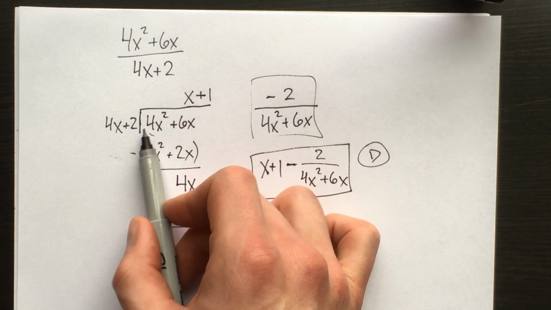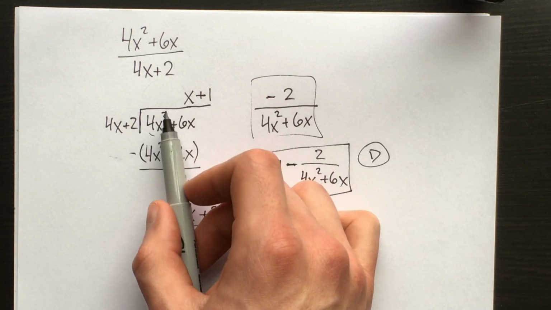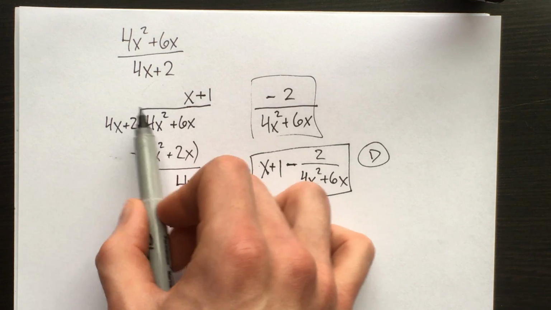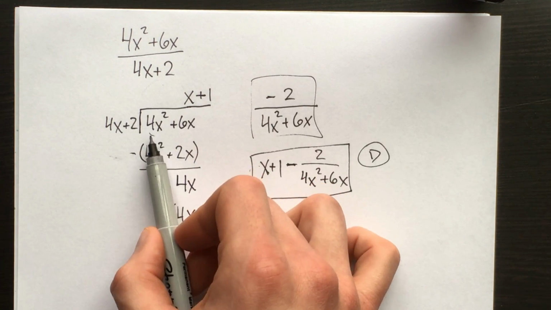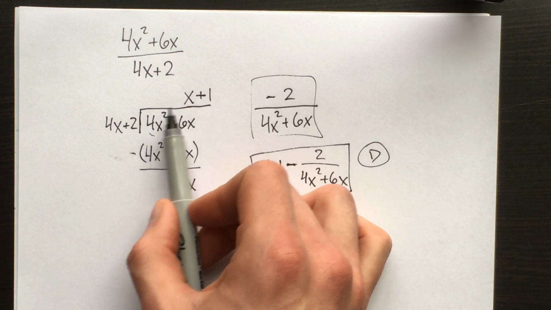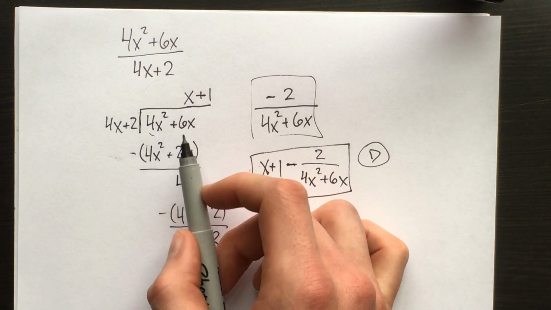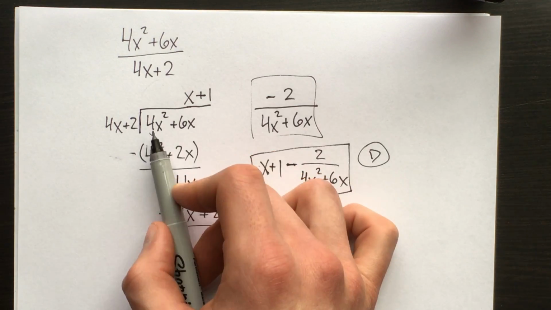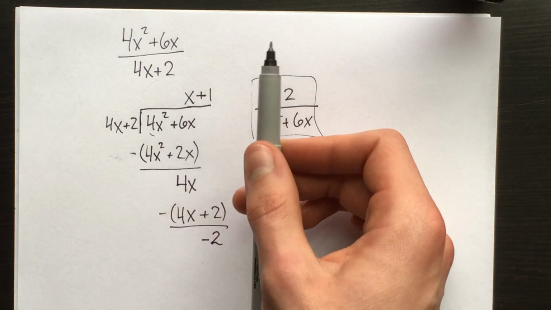So again, if there was some x cubed term, you would be looking at that. And so you take these two and you figure out how many times this one goes into this one. We established that in this case it was just x times, because x times 4x is 4x squared. So you write down the answer to that question. It might not always be x, might be something else.